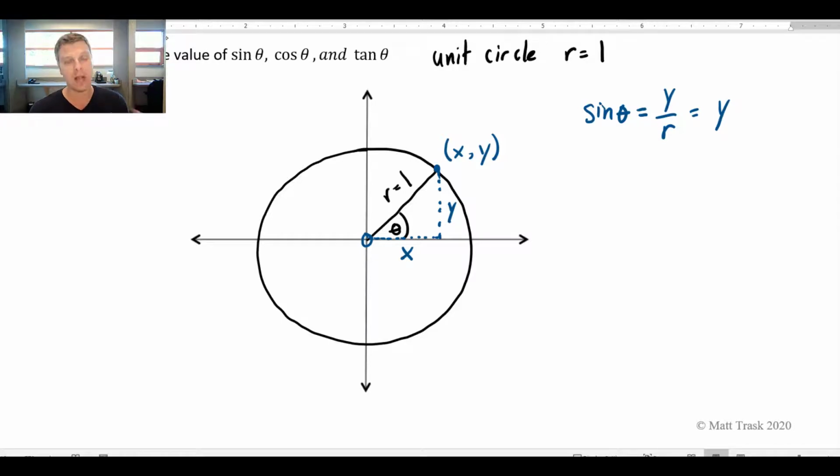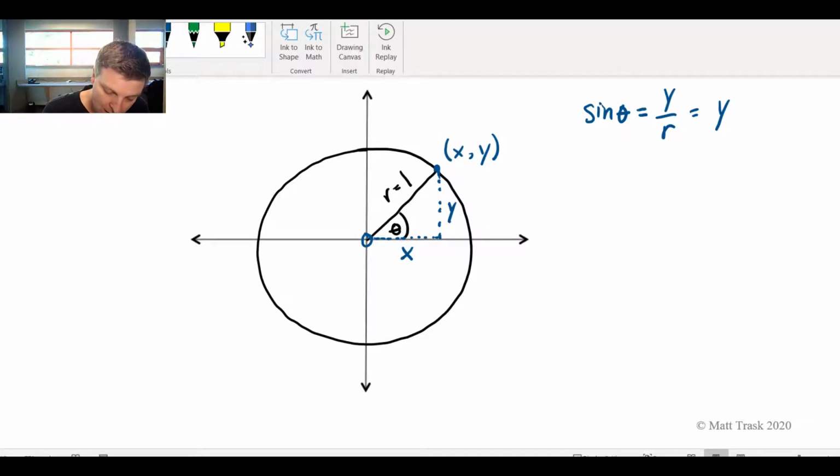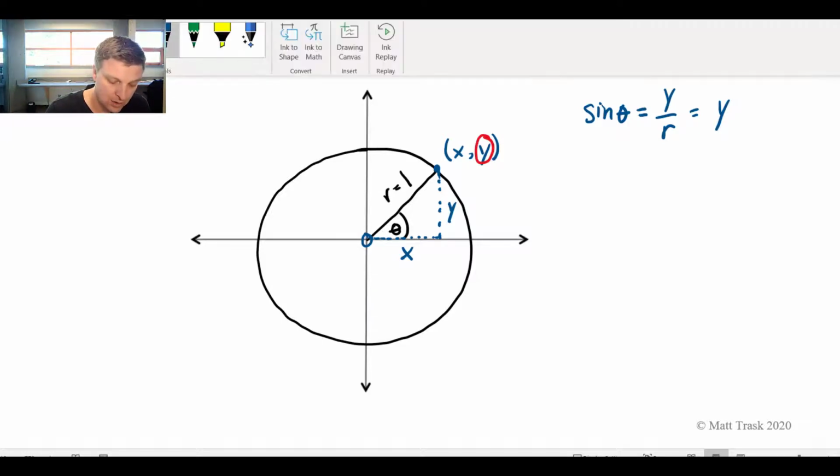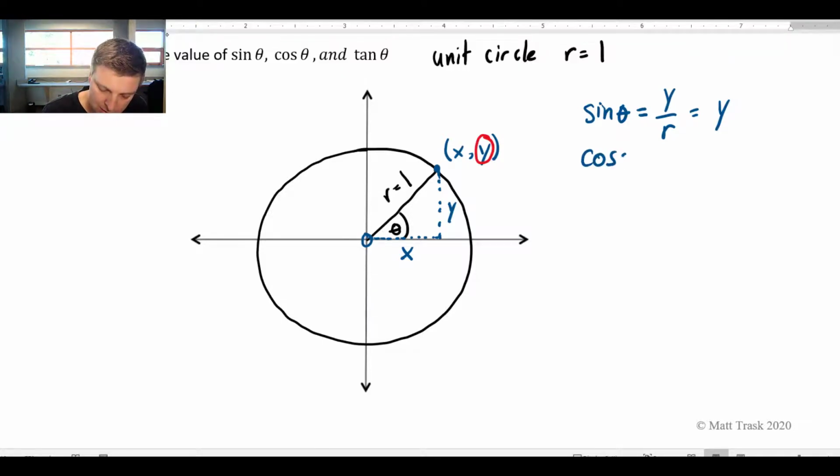And so what I want you to recognize is the sine of the angle is really related to the y coordinate. The y coordinate is really going to tell you about the sine of that angle, whereas the cosine of theta is going to equal adjacent over hypotenuse.